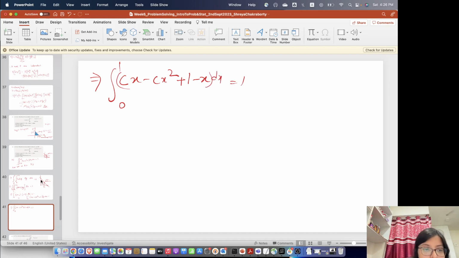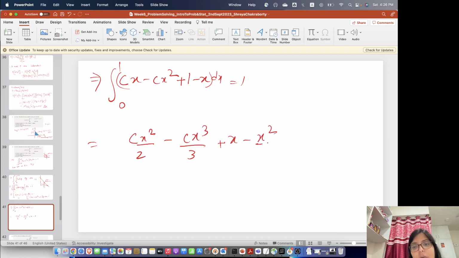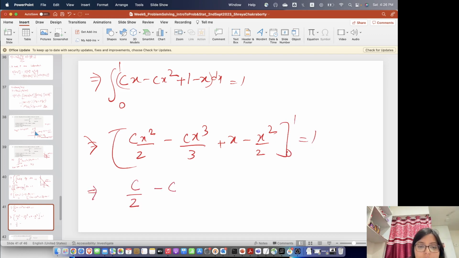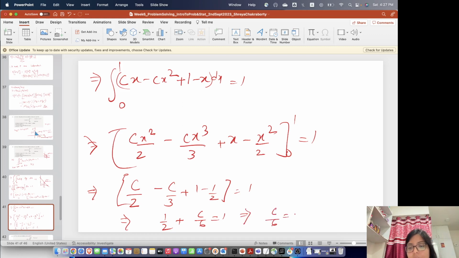Do not forget dx. So this will be cx squared by 2 minus cx cubed by 3 plus x minus x squared by 2, from 0 to 1, equal to 1. So c by 2 minus c by 3 plus 1 minus half equals 1. This implies half plus c by 6 equals 1, which implies c by 6 equals half, which implies c equals 3.